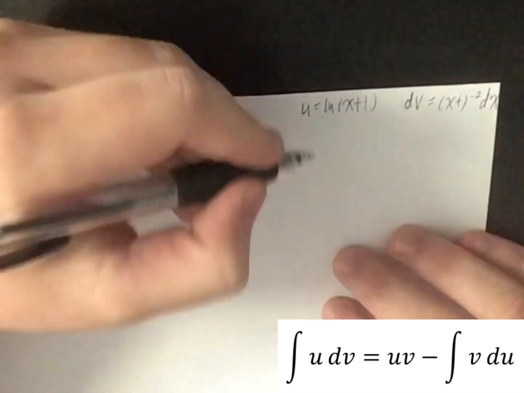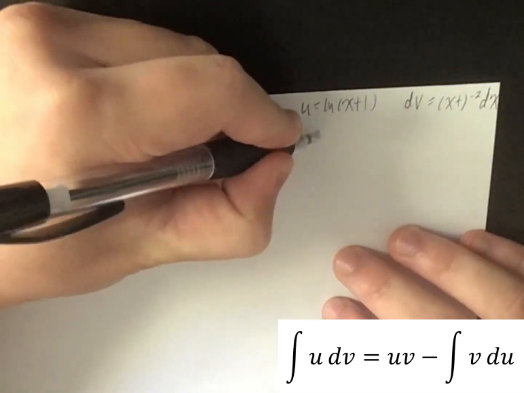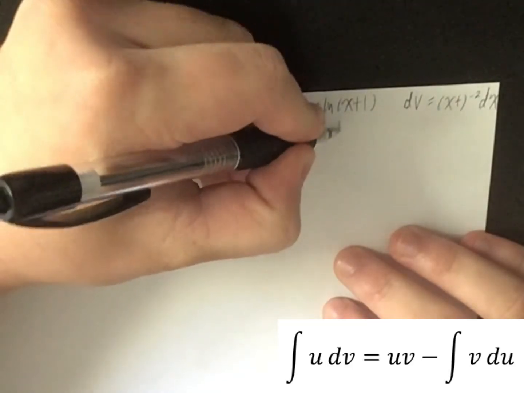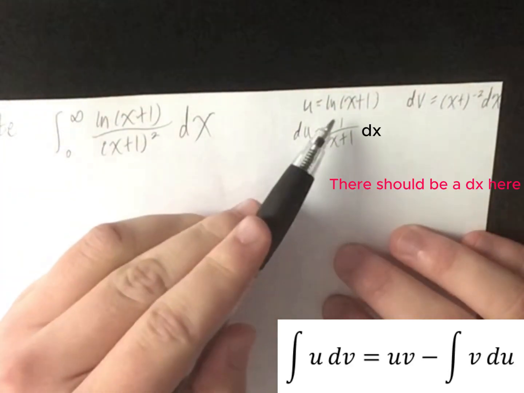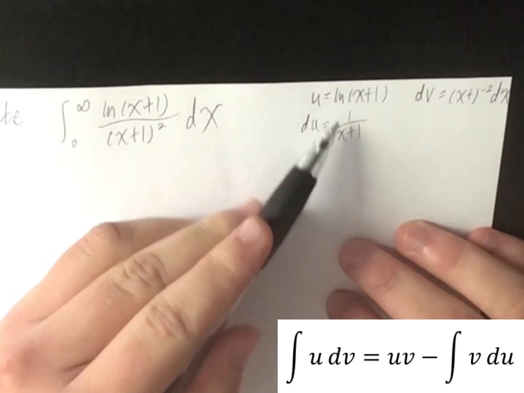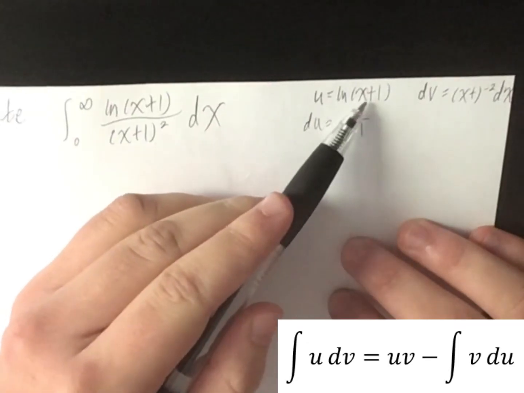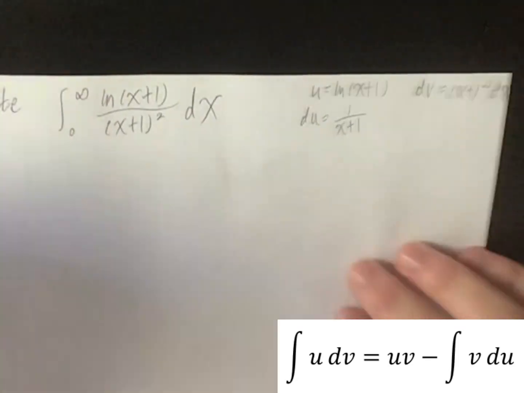Now you can just differentiate. du is 1 over x plus 1. The derivative of ln(x) is 1 over x, and if you have plus 1 here, it basically doesn't do anything.